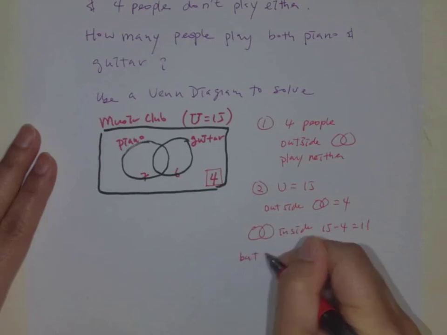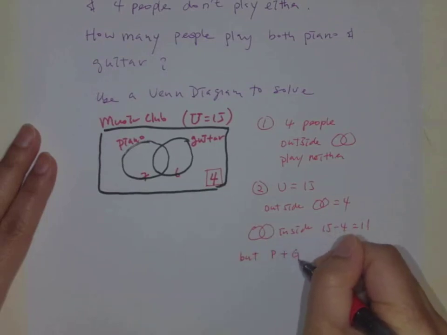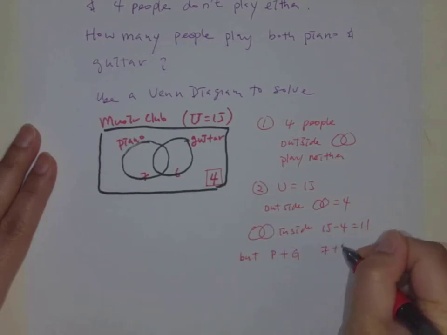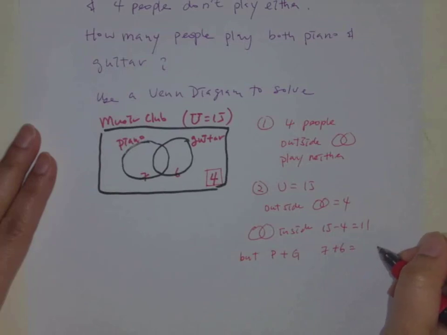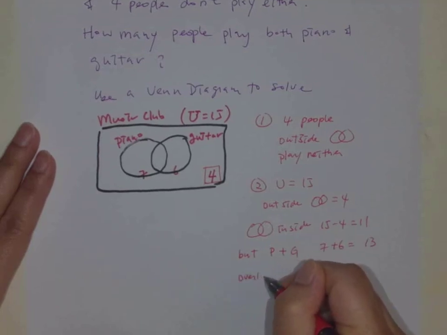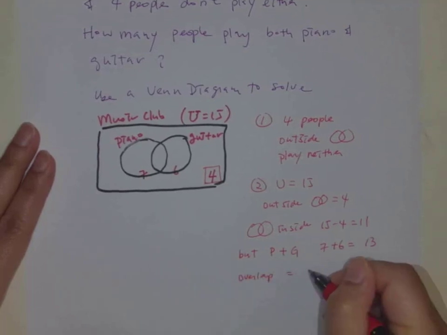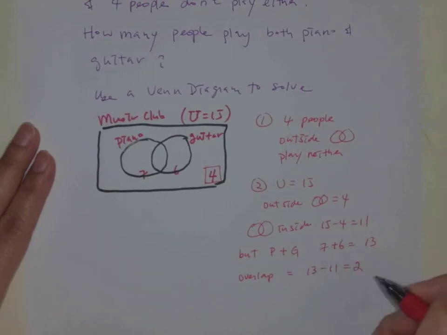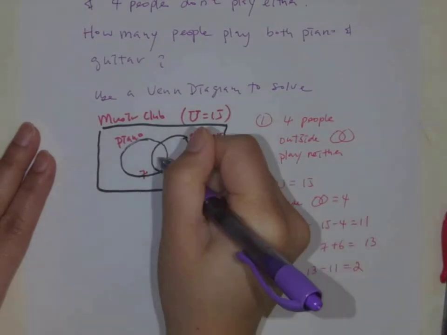But when we add up the piano plus guitar, is 7 plus 6 equal to 13. So I have 2 extra people, right? So it seems like the overlapping part is going to be 13 minus 11 equal to 2. So 2 should go there.